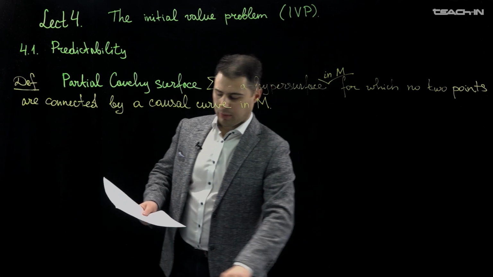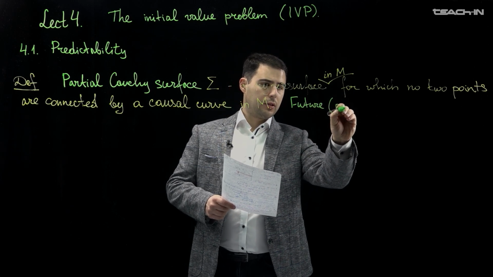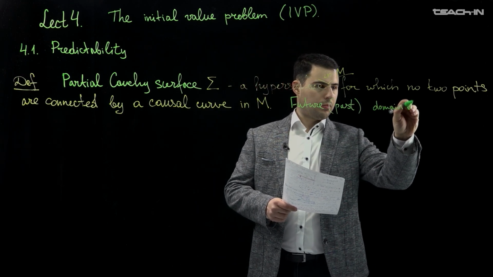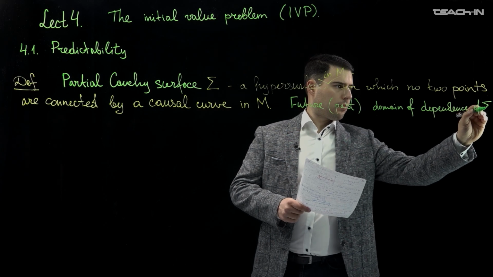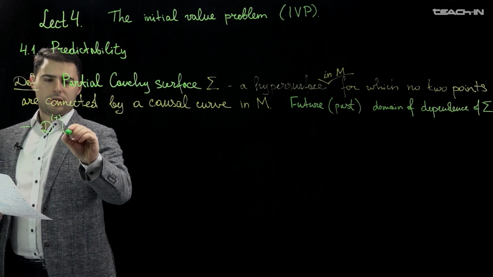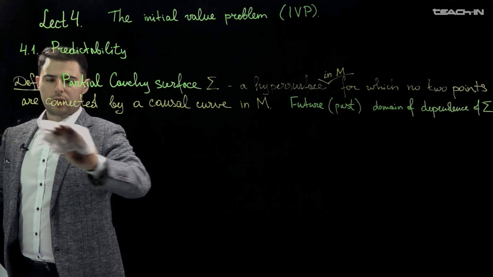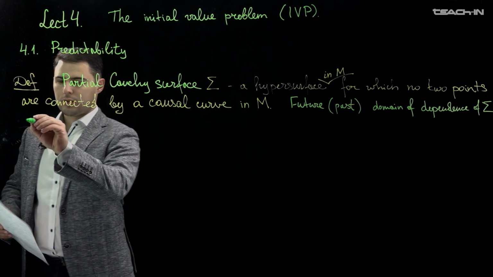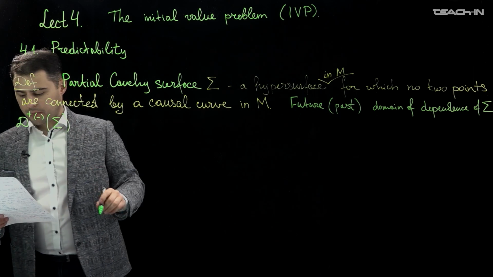Next, it's the domain of dependence. So here we have the future and, by analogy, the past domain of dependence, which we denote as D plus or D minus of sigma.